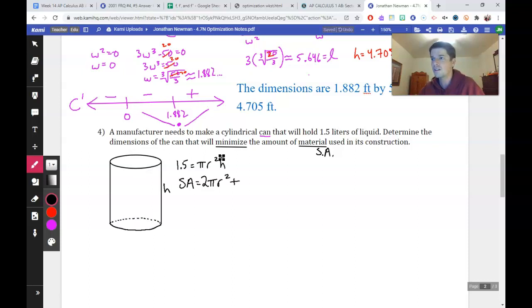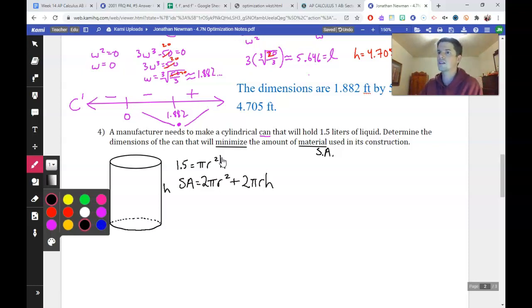Because if you unroll it, imagine cutting the paper off of a can, you unroll it, you get a giant rectangle, right? So it's just going to be the circumference, which is diameter times pi, so 2 pi r, and then times the height. Okay, so 2 pi r h. So here's our surface area, and here's our volume formulas.